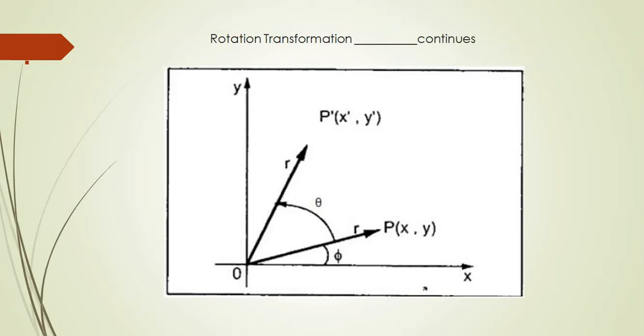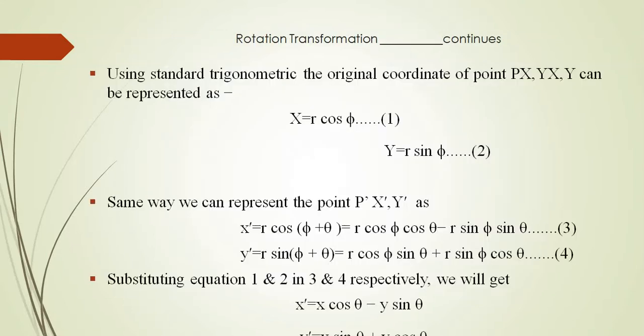We rotate this point by some angles, for example 90 degree, 270 degree, 360 degree. So here we rotate the object P by angle theta. Here are some trigonometric equations: x is equal to r cos phi and y is equal to r sin phi.